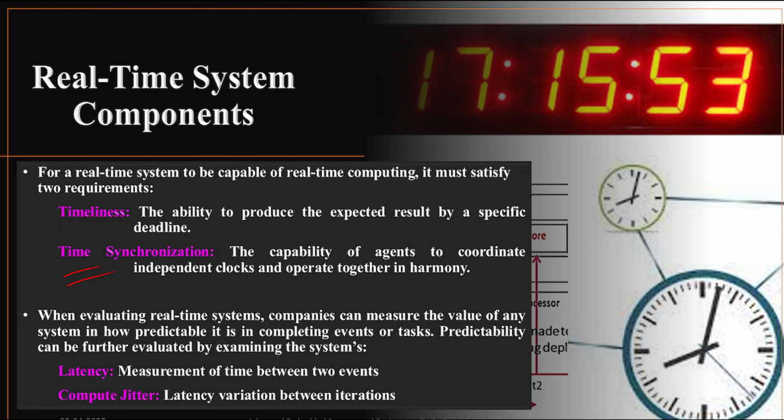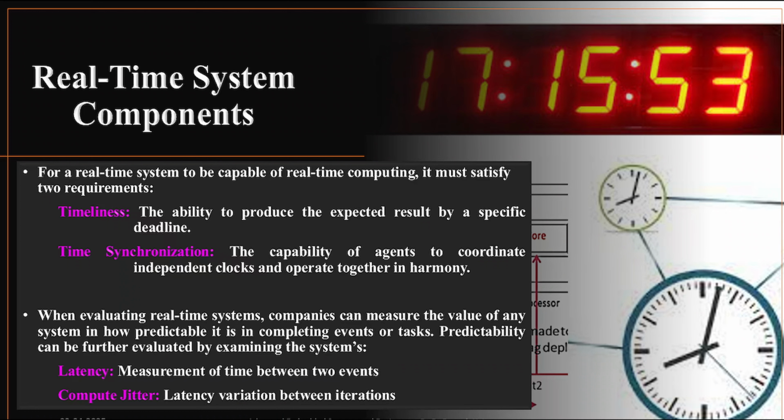Now, when evaluating a real-time system, the companies or the users generally measure the value of any system by checking how predictable the system is. Predictable here means the output within a specific time period.